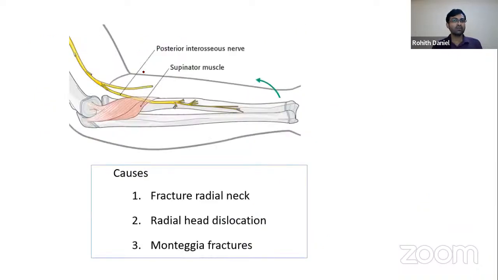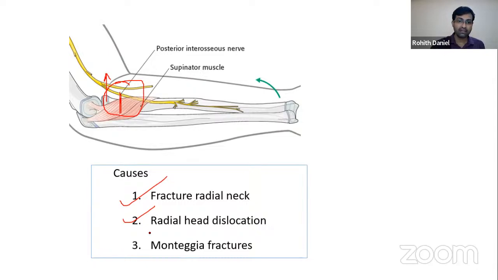And which are the conditions that usually produce this PIN palsy? PIN actually passes very close to the radial head and neck. Okay, like this. So what happens is that if there is a fracture or a dislocation of the radial head, fracture of the radial neck or a radial head dislocation, you can get a compression of the PIN, posterior interosseous nerve, and a PIN palsy.